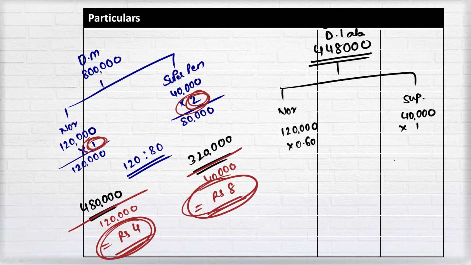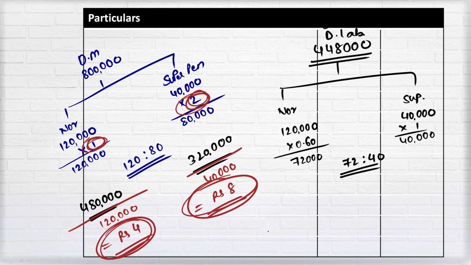Is 0.6 and 1 a labor cost per unit? No. But it is a good multiplication to find out a ratio in which you can distribute direct labor cost. This is 72,000. This is 40,000. It is 72:40.